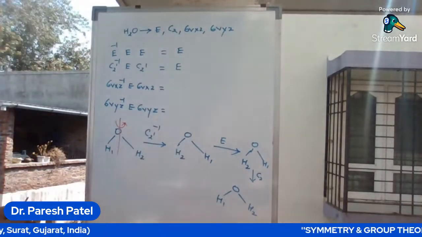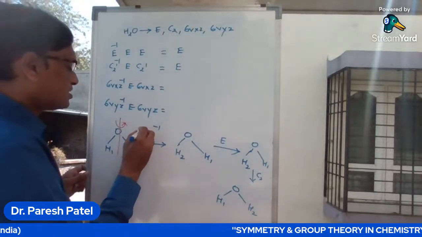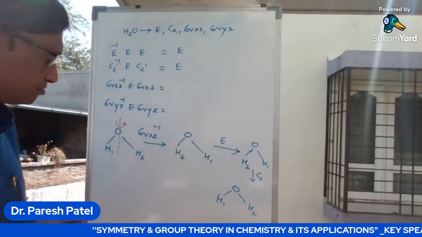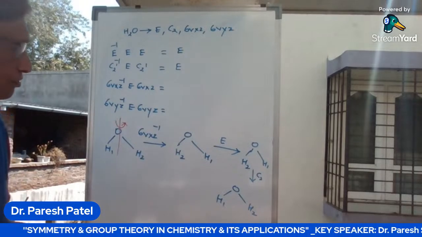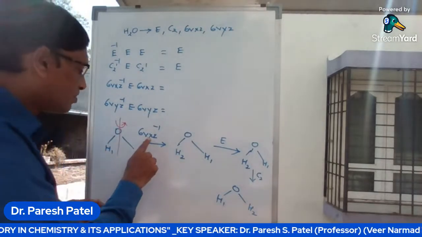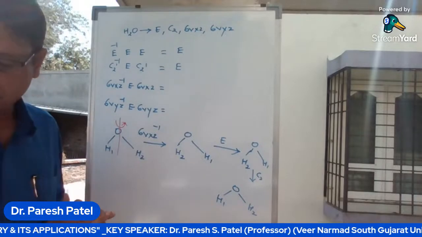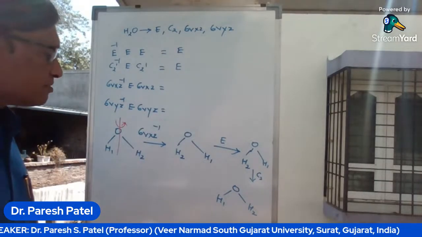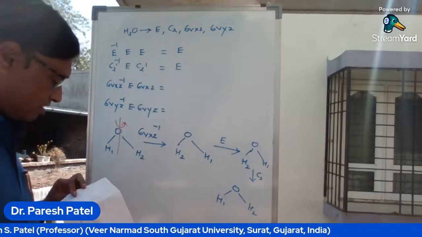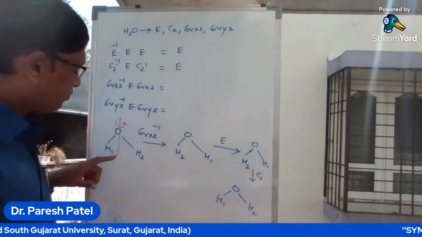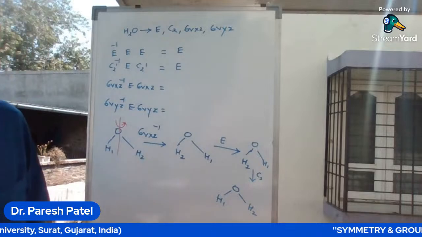Similarly, if you go for the sigma Vxz inverse, okay, remember that water molecule consists of two types of planes. One is sigma Vxz plane, another one is sigma Vyz plane. Now, this is sigma Vxz plane, or we can say this is known as molecular plane.